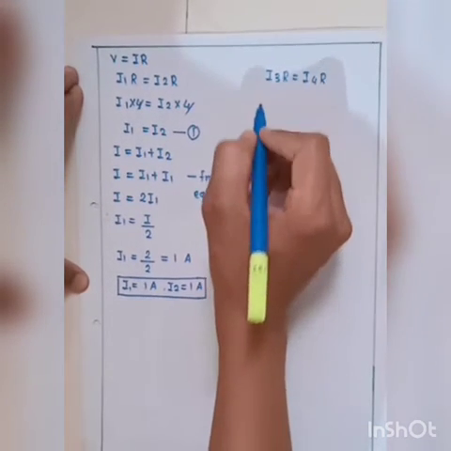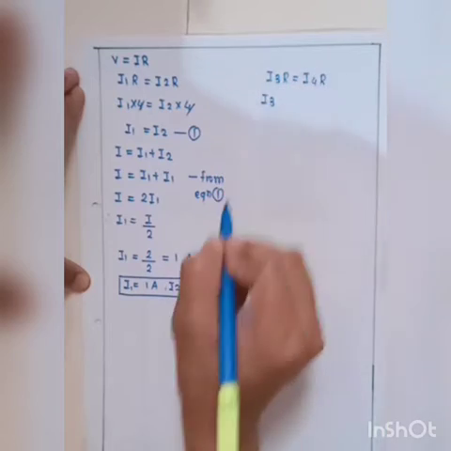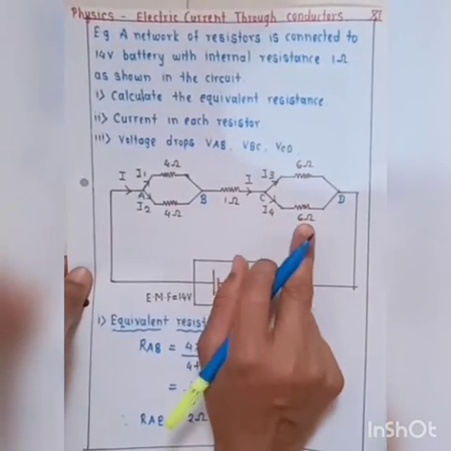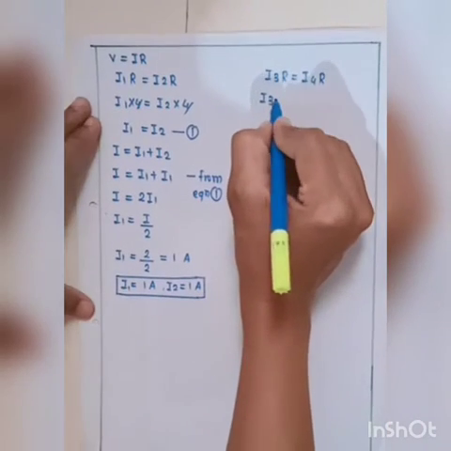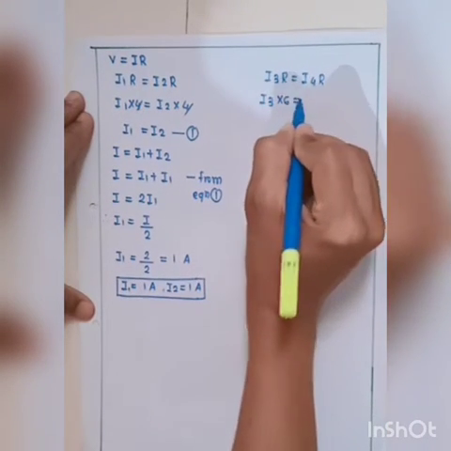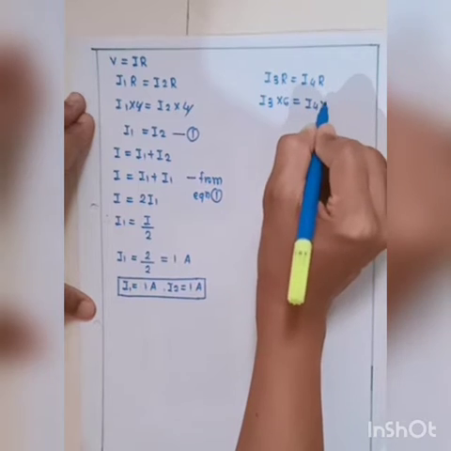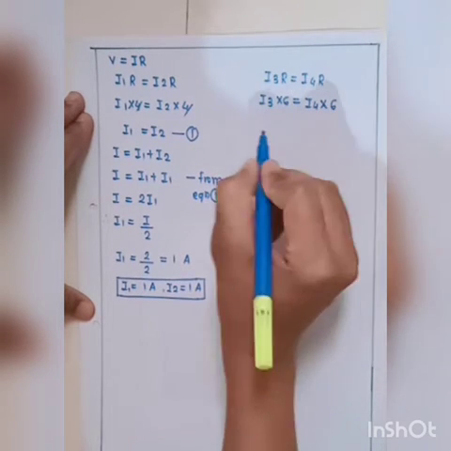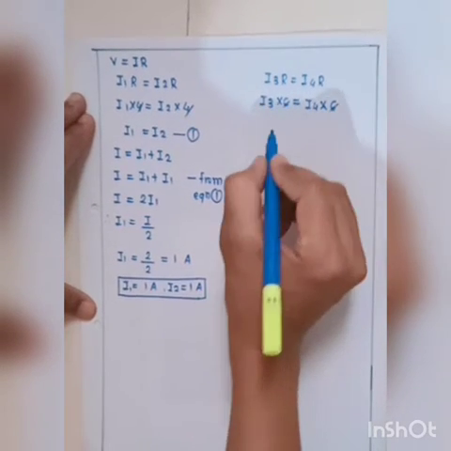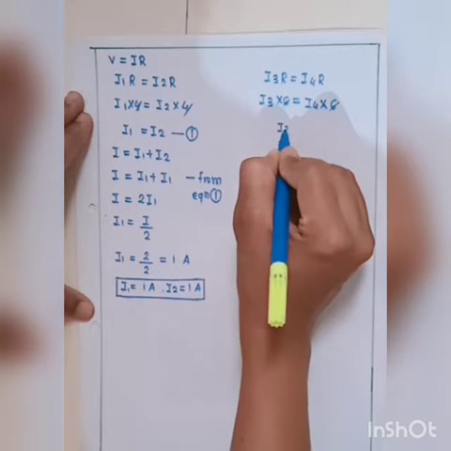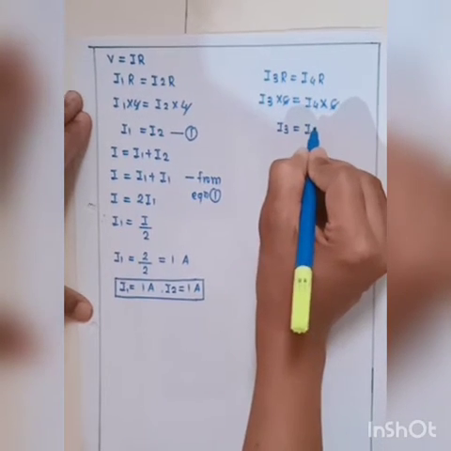Now resistance is 6 ohm and here also 6 ohm, so we get I3 into 6 is equal to I4 into 6. Now this 6 gets cancelled and we get I3 is equal to I4.